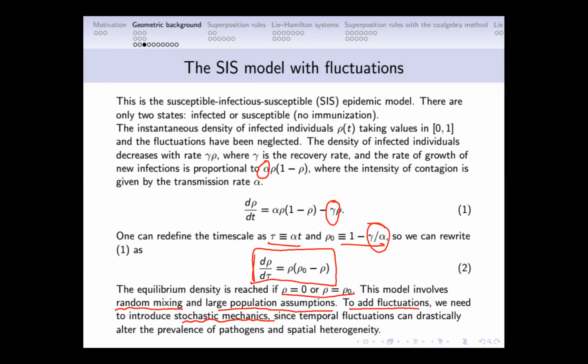Temporal fluctuations are good because they alter the prevalence of the pathogen and the spatial heterogeneity. So basically it relaxes a bit these assumptions, making this model a bit more real.